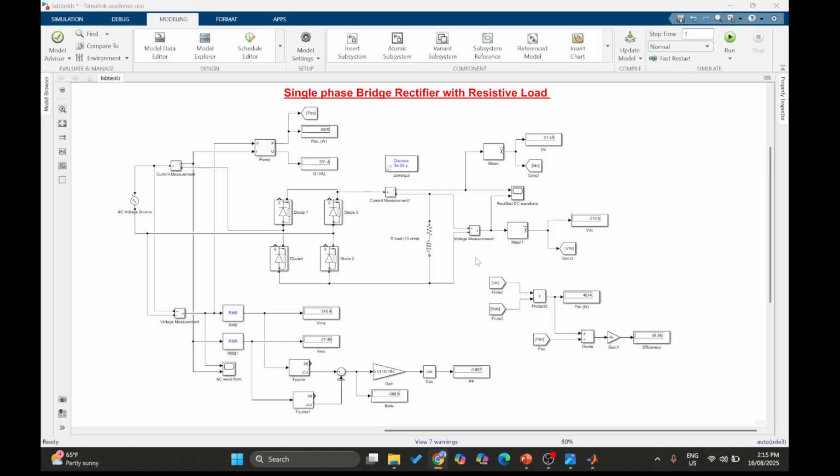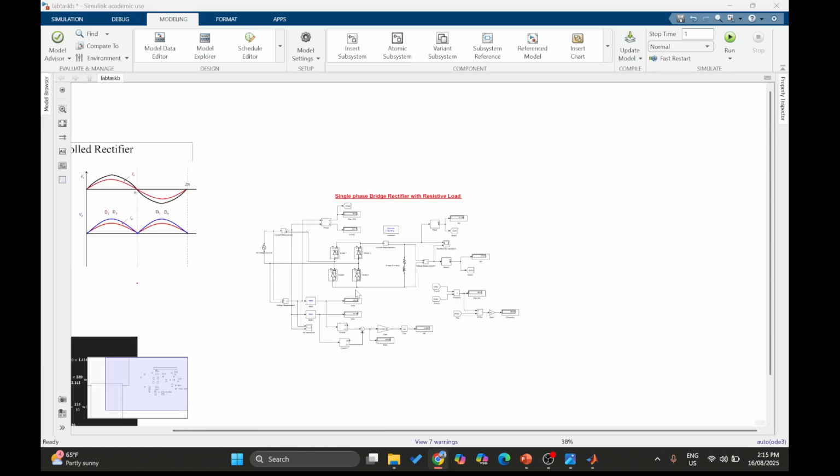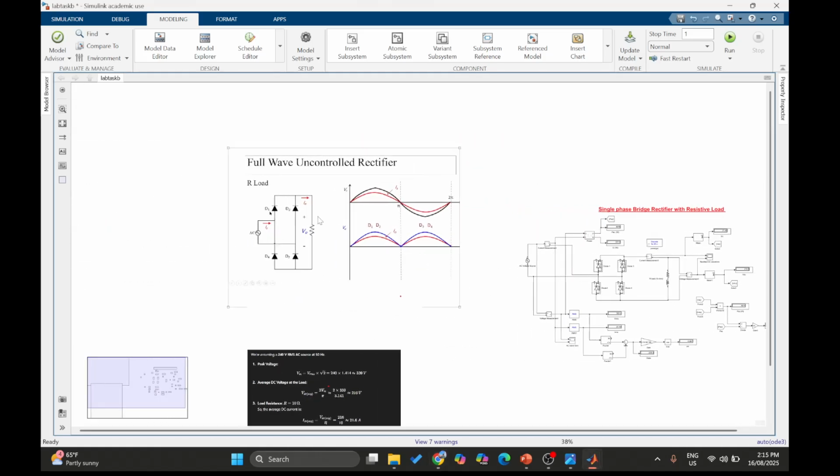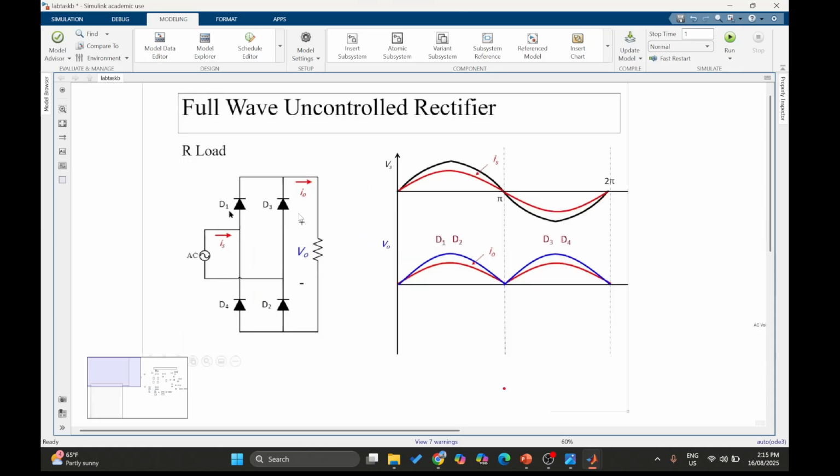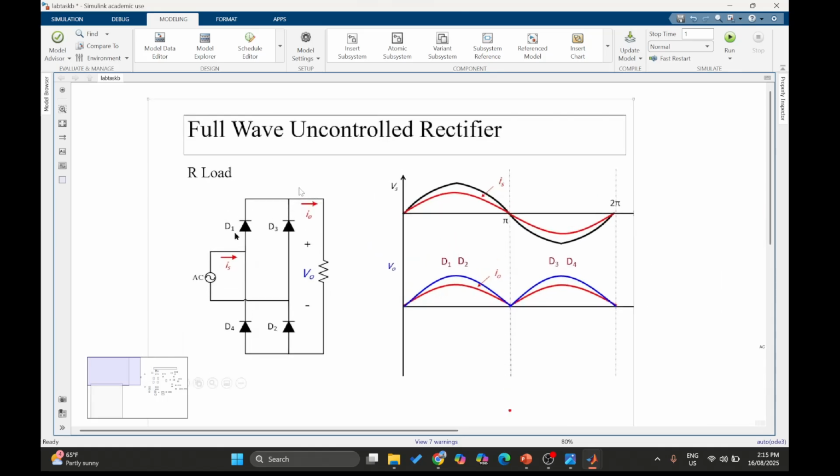Firstly, to understand this single phase bridge rectifier, I'm going to show you an electrical circuit diagram of a full wave bridge rectifier. This rectifier is also called a full wave uncontrolled rectifier.